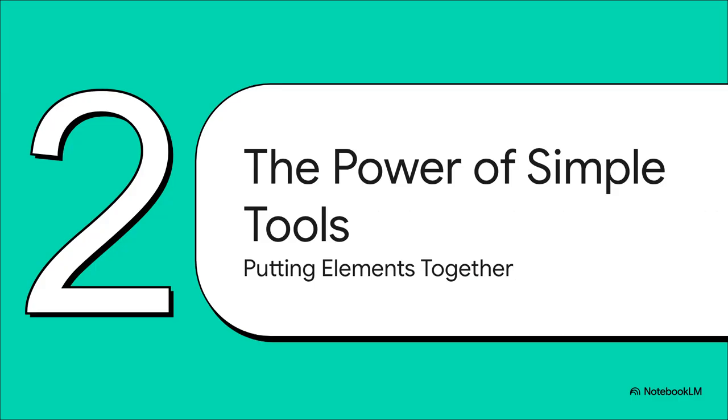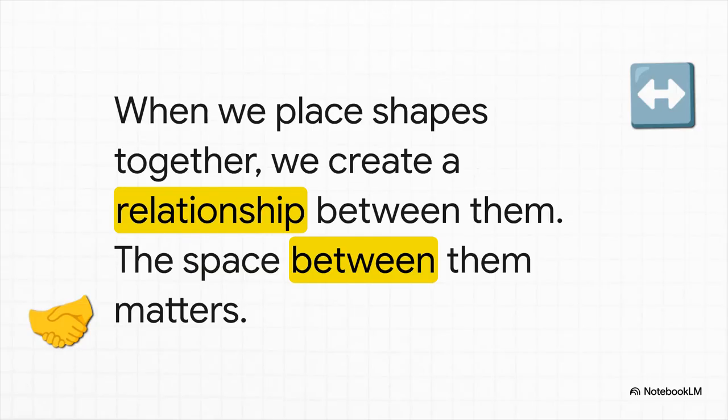So, we have our basic tools, right? Lines and contrast. But design elements almost never exist by themselves. The real magic, the really cool stuff, starts when we put them together and watch how they interact. This brings us to a huge idea: proximity. You know, it's kind of like people at a party. If you see a few people standing really close together, you just assume they're a group, that they know each other.